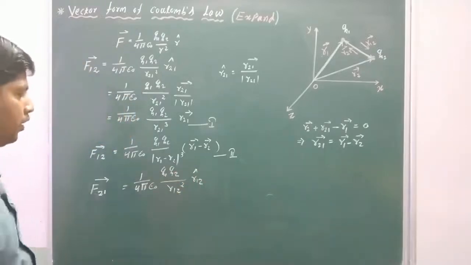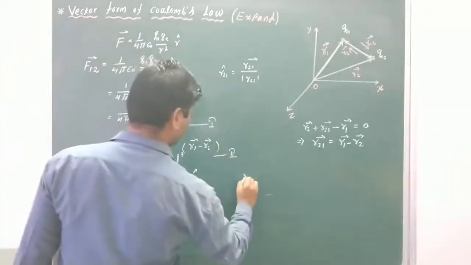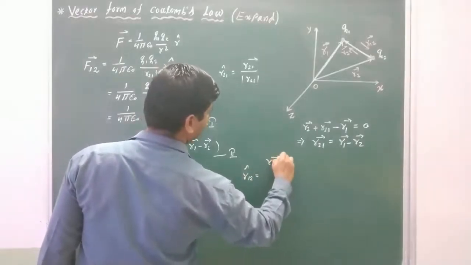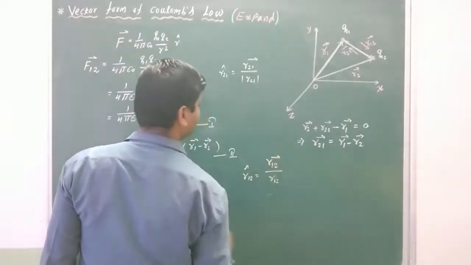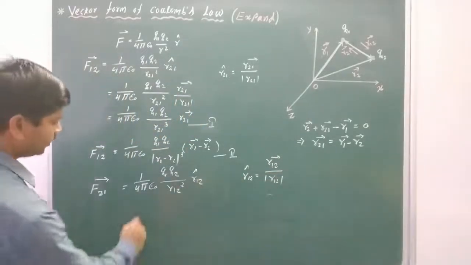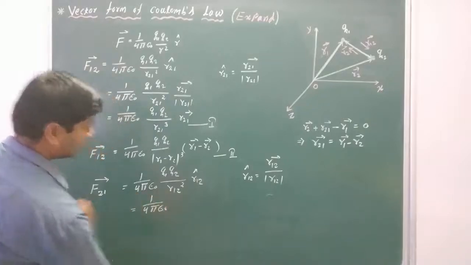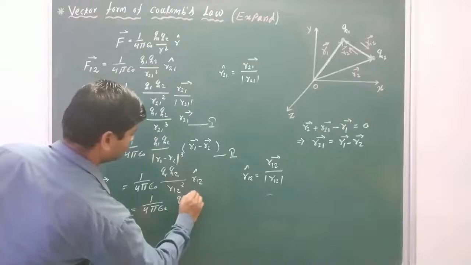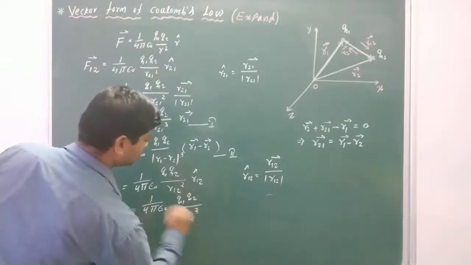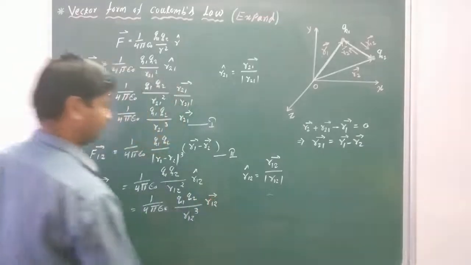And also, by putting this formula, R12 cap is equal to R12 vector by R12 vector mod. Then putting this value over here, this can be written like this here, 1 by 4 pi epsilon naught into Q1 Q2 by R12 cube into R12 vector.